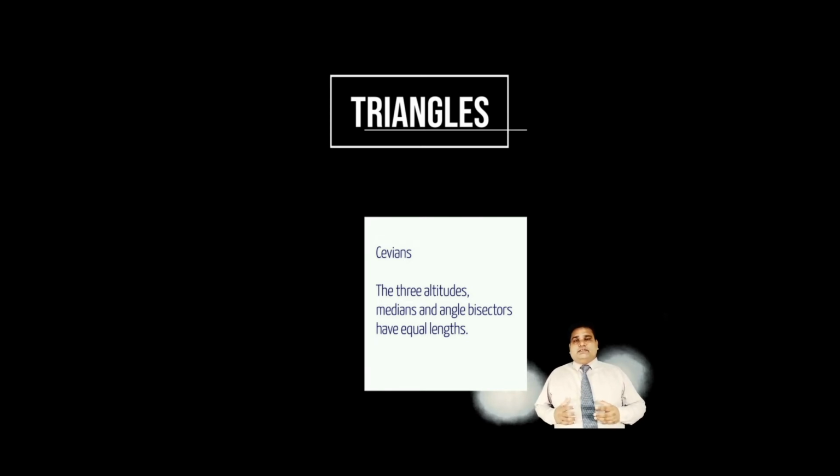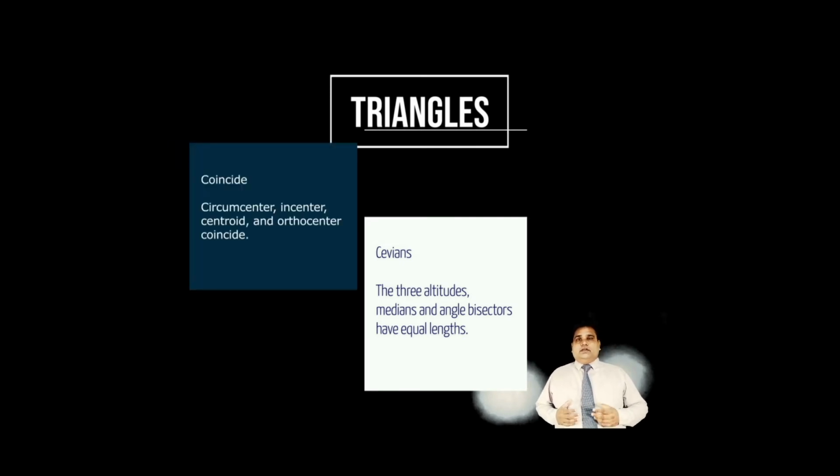Altitude, median and angle bisector all have equal length. This is one of the very important properties of an equilateral triangle.